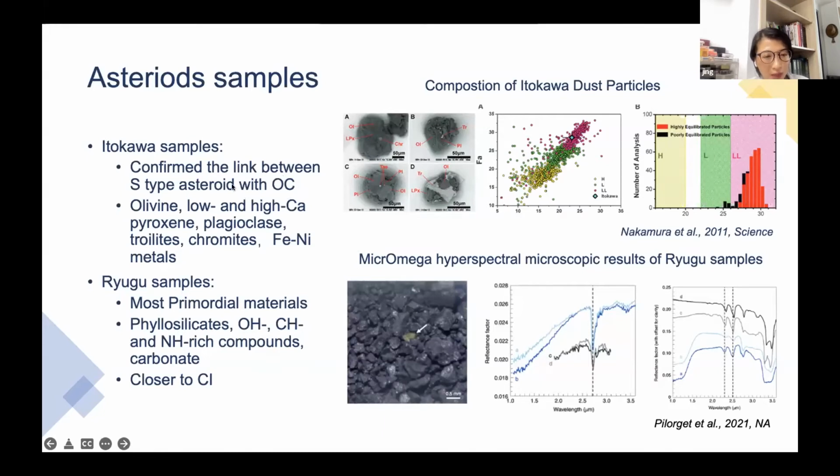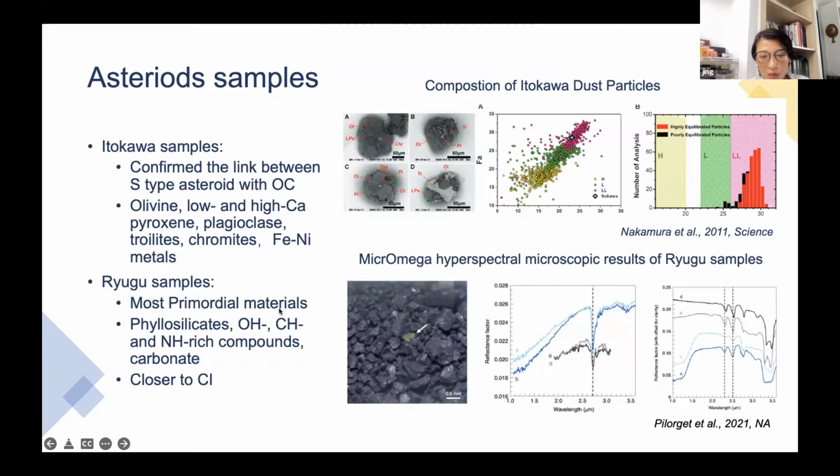Ordinary chondrite is S-type asteroid, and the study confirmed its link. It contains olivine, pyroxene, plagioclase, chalcopyrite, chromite, iron, and nickel metals. So it's very similar to LL chondrites, low iron, low metal ordinary chondrites.